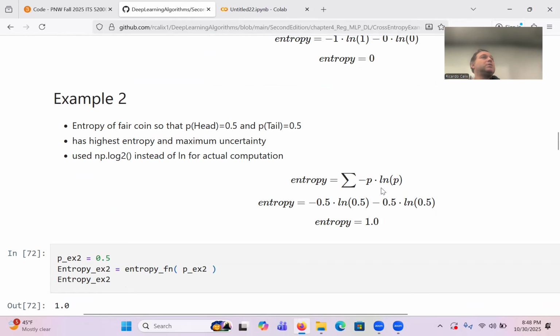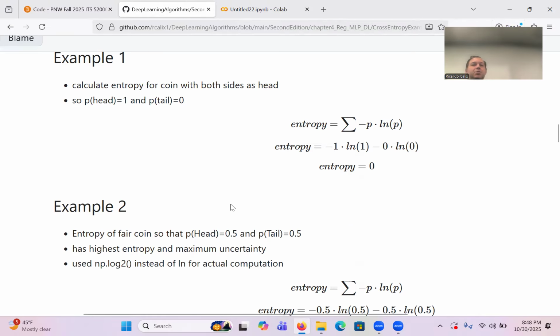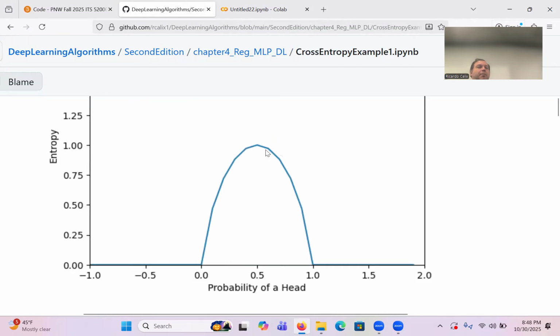So here we do the two cases, both 0.5, head and tail, two outcomes. So notice negative 0.5 times logarithm of 0.5 plus negative 1 minus 0.5, which is also 0.5, times logarithm of 0.5 gives you entropy of 1. And anything in between will be reflected by this.